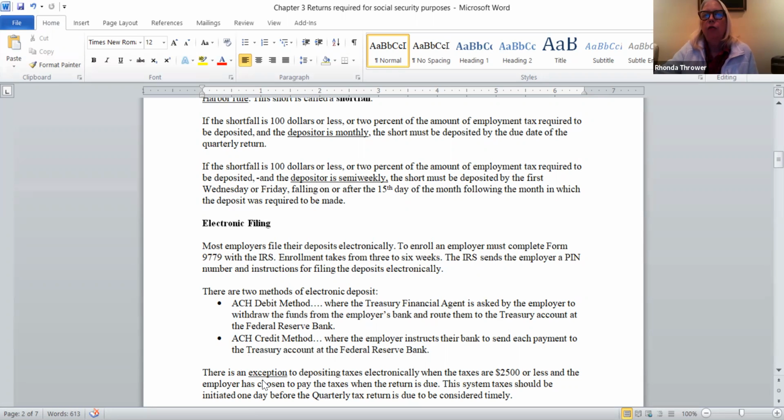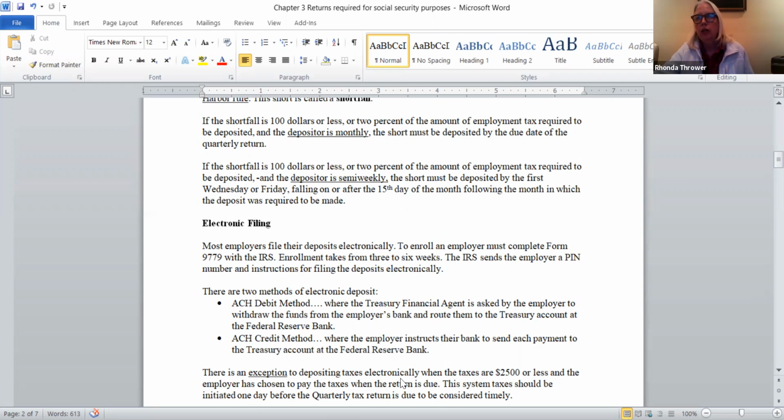There is, however, an exception to depositing taxes electronically when the taxes are $2,500 or less, and the employer has chosen to pay the taxes when the return is due. Payment should be initiated 1 day before the quarterly tax return is due to be considered timely.